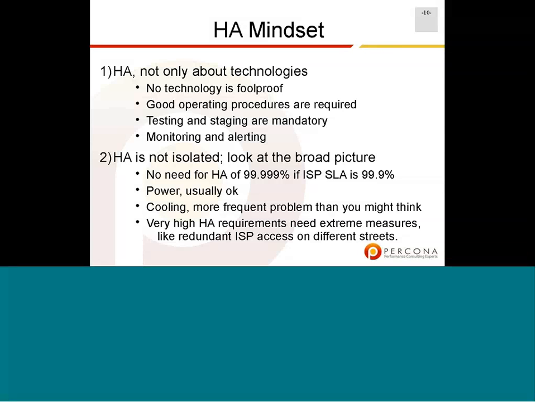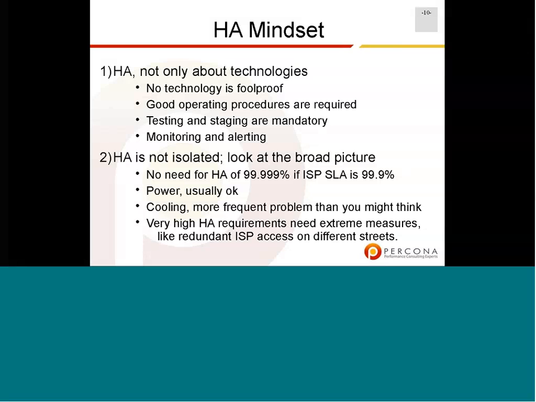But recently, over the last 2 years, I've seen 2 or 3 cases where the cooling went down, so the whole data center had to shut down because it was overheating. So there are a lot of aspects: not only the computers need to be HA, but the power and the cooling. And for very high HA requirements, you might need very extreme measures.